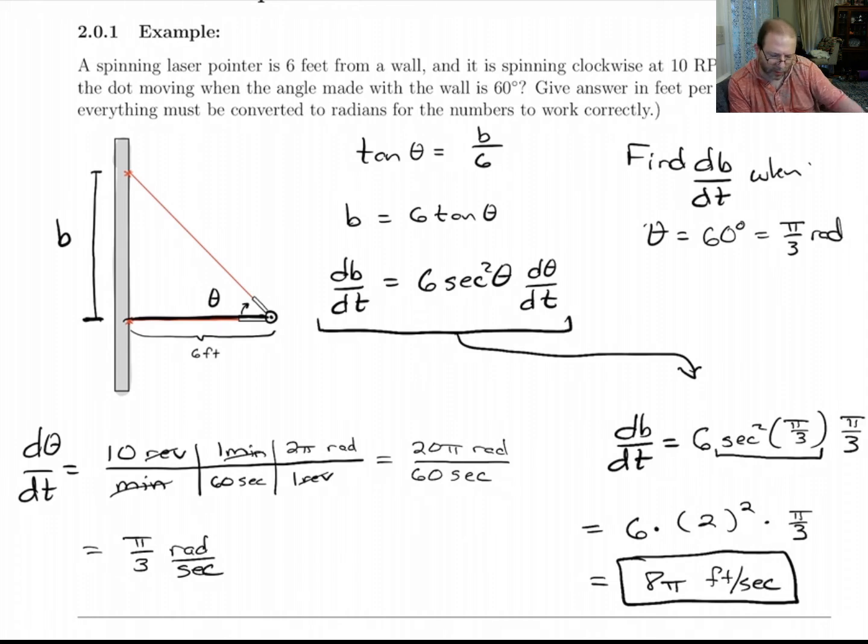If you think about it, I think that makes good sense. That's when this angle here is 60 degrees. When the angle gets bigger, the dot's going to be moving faster. If you think about this as if you were next to a big building with a laser pointer, when you're pointing the laser at it up close to you and moving the laser, it's not going to move very fast.